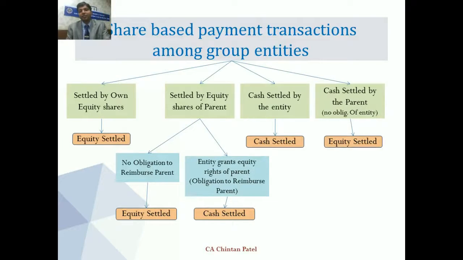And if it is cash settled by the entity or to the parent, then it is cash settled. So in summary, if there is an obligation on a subsidiary company to make payment in cash either to the parent or to the employees, then it is cash settled. But if there is no obligation for a subsidiary company to make payment to the parent company, then it is a kind of equity contribution by the parent to the entity, and hence it is called an equity settled share-based payment.